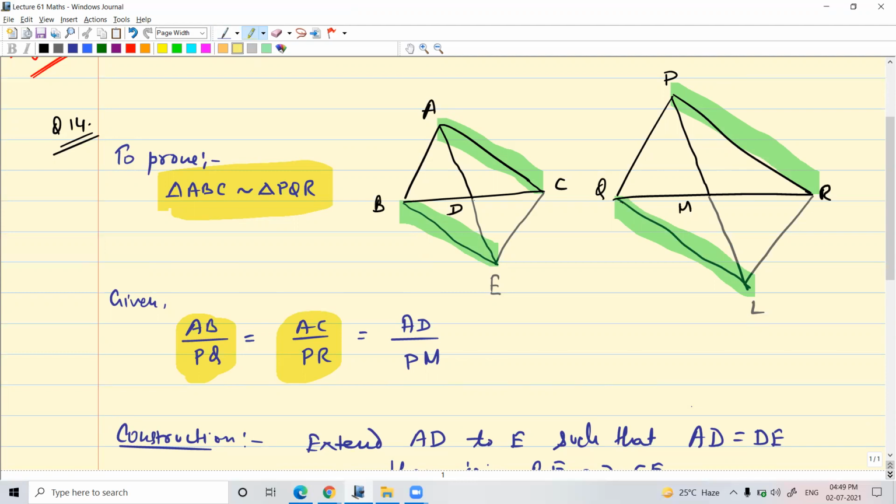That is what you are trying to prove, that they are similar. Okay. But if that is the case, then what does BE have to do with that? BE and QL will not be part of those two triangles, no? You have to take the other opposite sides. AB is equal to CE. AB by PQ.